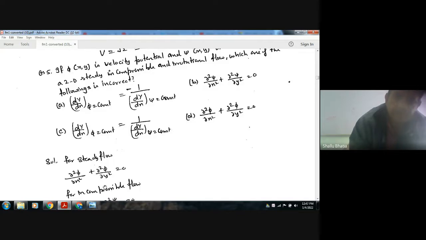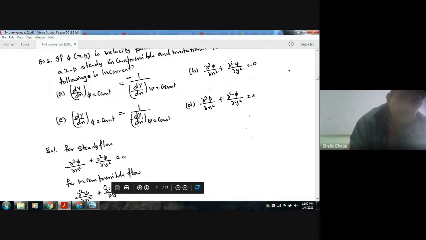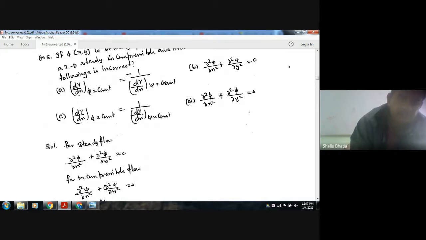B. Curly square psi by curly x square plus curly square psi by curly y square is equal to 0. C. dy by dx at phi constant is equal to 1 by dy by dx at psi constant. D. Curly square phi by curly x square plus curly square phi by curly y square is equal to 0.